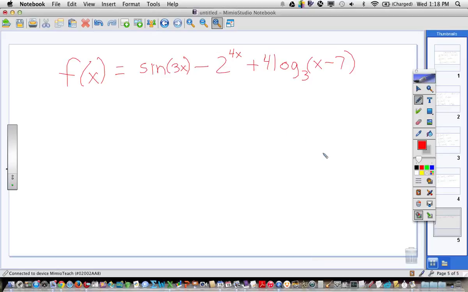Okay? Find f prime of x. Okay? Write it down. Write down the derivative of that function.